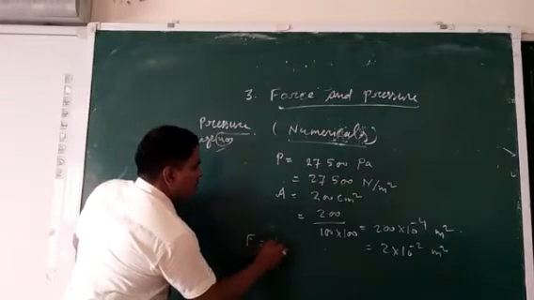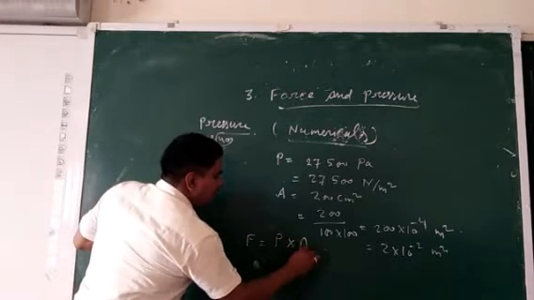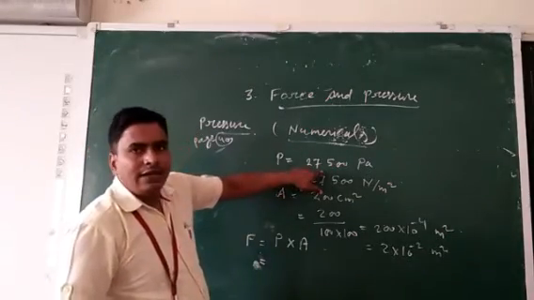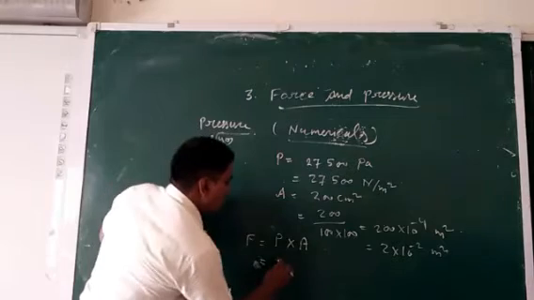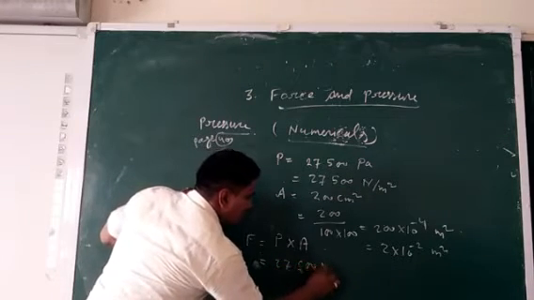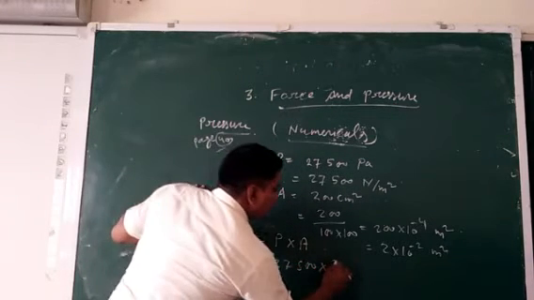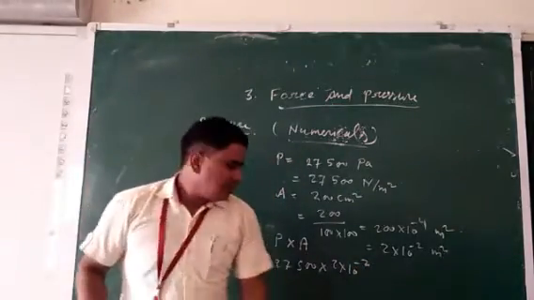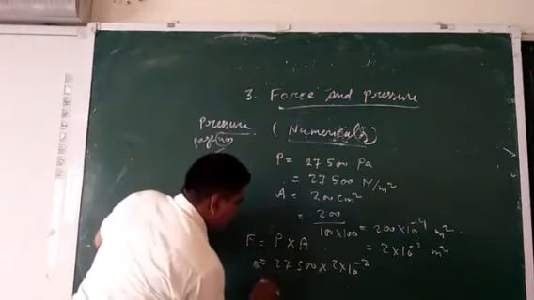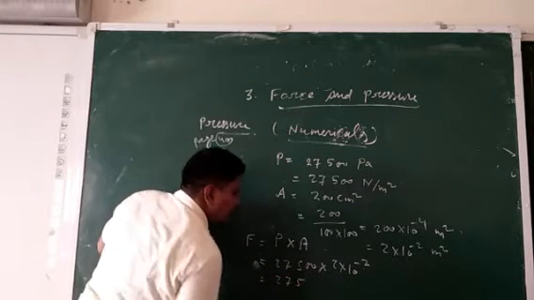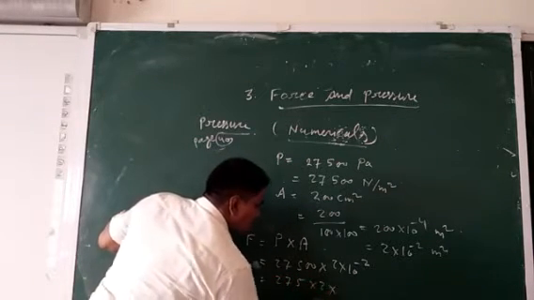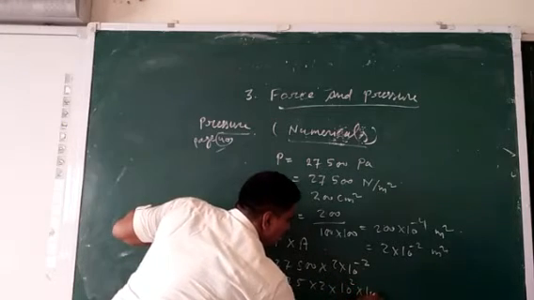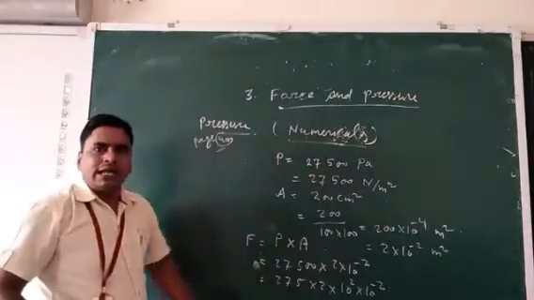Force is equal to pressure into area. Here 27,500 into 2 into 10 to the power minus 2. Calculate this: 275 into 2, with 10 to the power plus 2 and 10 to the power minus 2, so both cancel out.